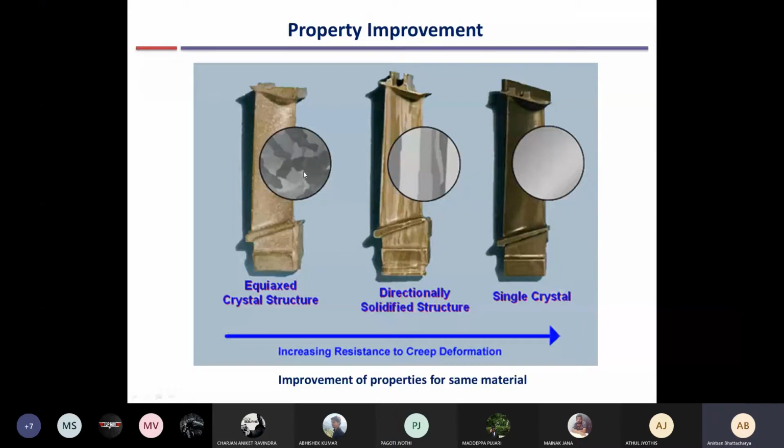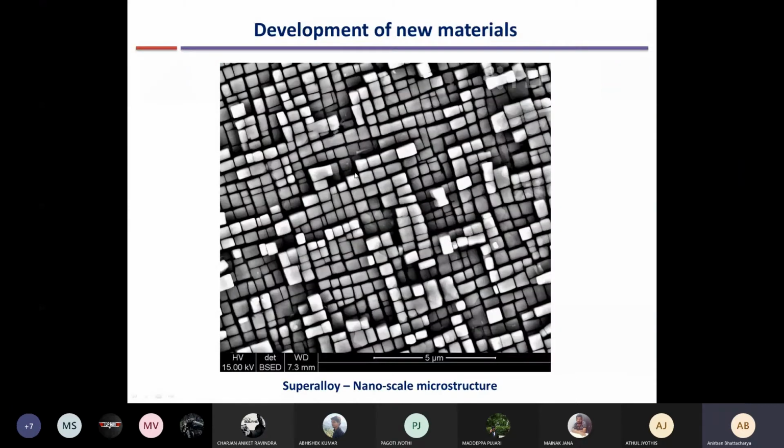Now within these grains themselves, it was seen that after the casting was done and it was heat treated at a high temperature, a very peculiar microstructure forms, which has a very small length scale. You can see here from the bar, this is an electron micrograph, and it is 5 micrometer.